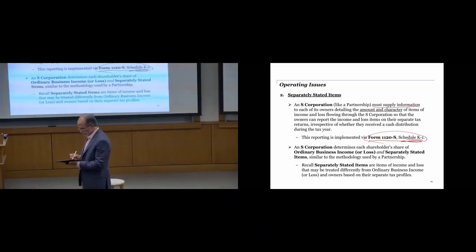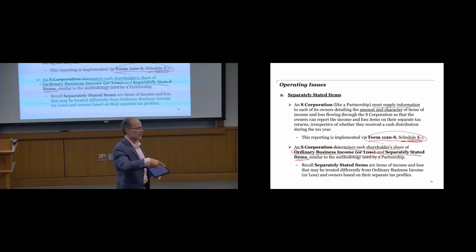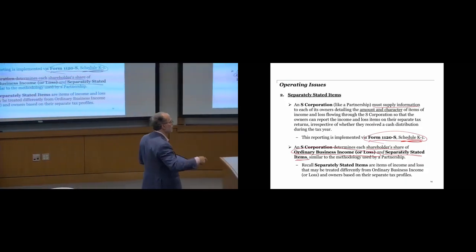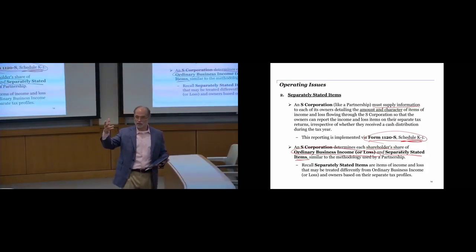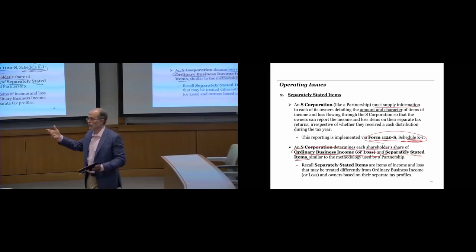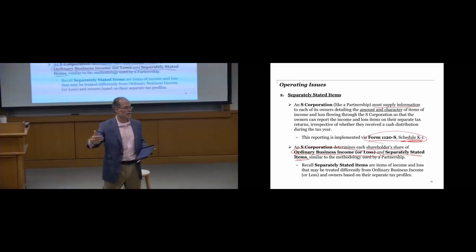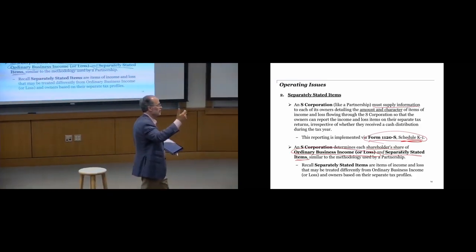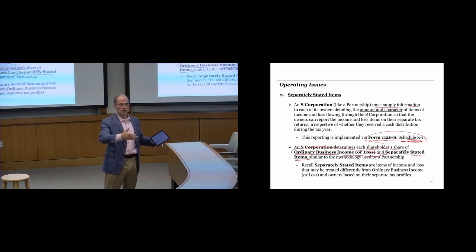An S corporation determines each shareholder's share of ordinary business income or loss and its separately stated items. Remember we talked about separately stated items in partnerships. Why do we have to do that? Because those items might be treated differently at the shareholder level depending on the shareholder's profile, right? Just like a partnership, we don't know if you're entitled to preferential treatment on capital gains or not.